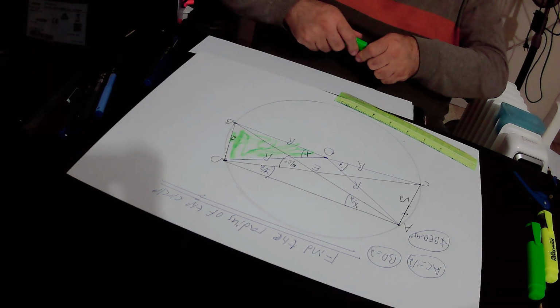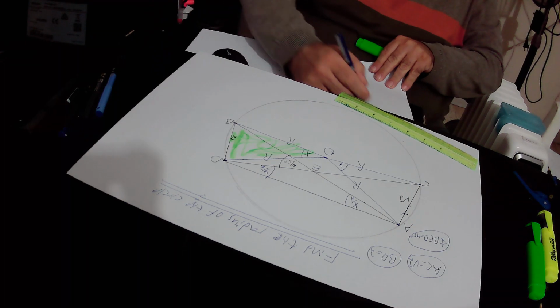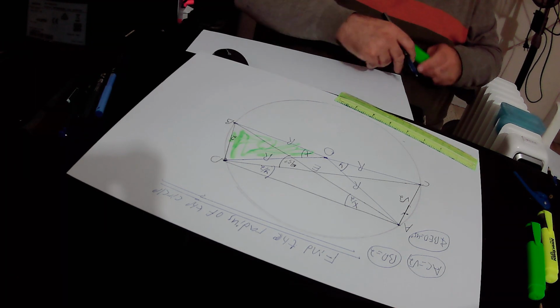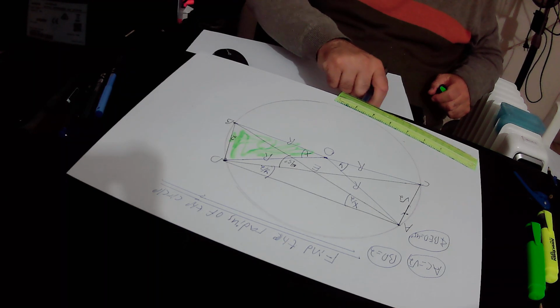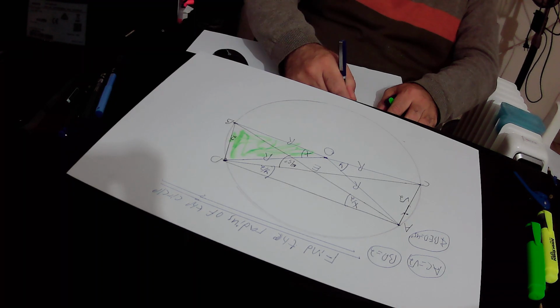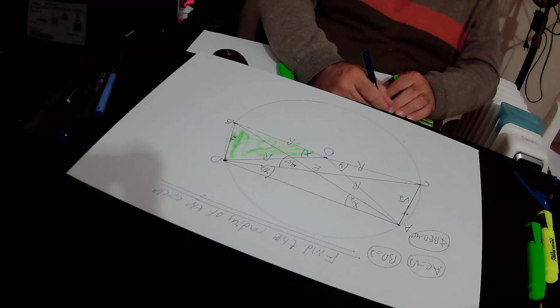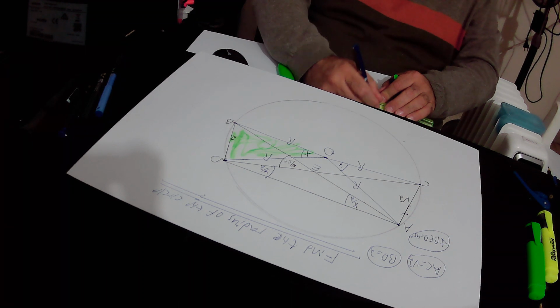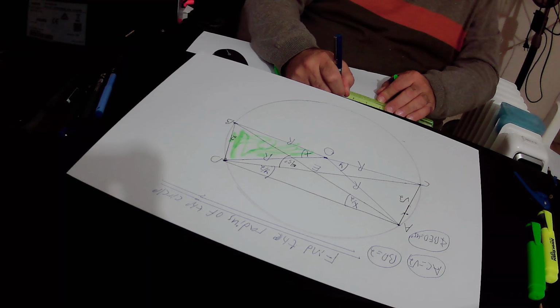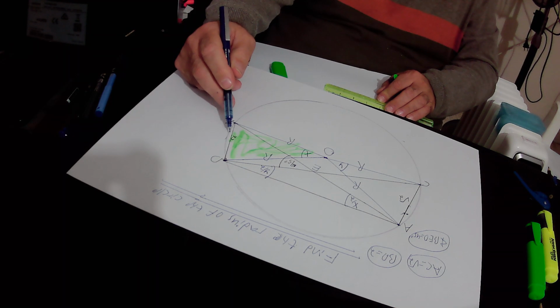According to the law of cosines in the green triangle OBD, cosine x equals R squared plus R squared minus BD squared.